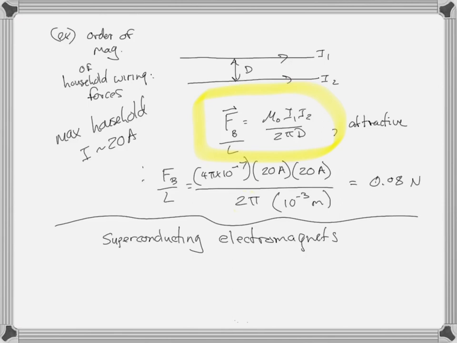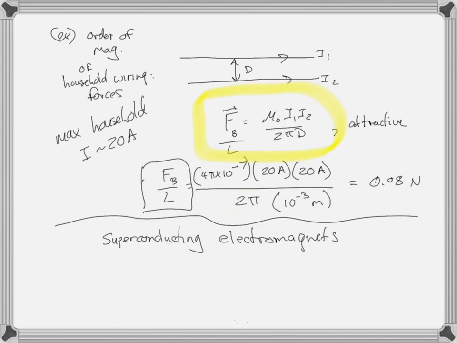Oh, sorry, one thing that I didn't say: force per unit length, 0.08 newtons. So for 1 meter, it's 0.08 newtons. For 2 meters, it's going to be 0.16 newtons. For 3 meters, it's going to be 0.24 newtons, right? We'd have to multiply both sides by L. In your house, the longest stretch of 2 wires next to each other is probably not more than 3 meters, the height of a floor.